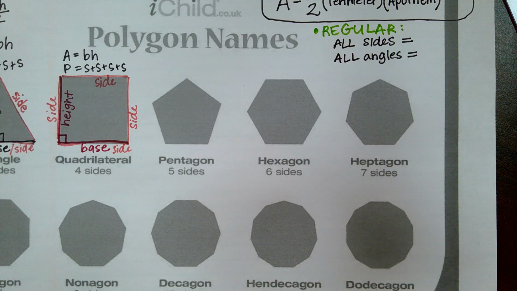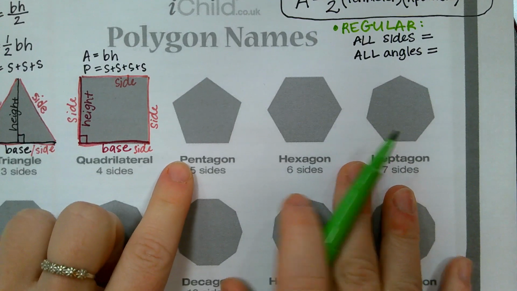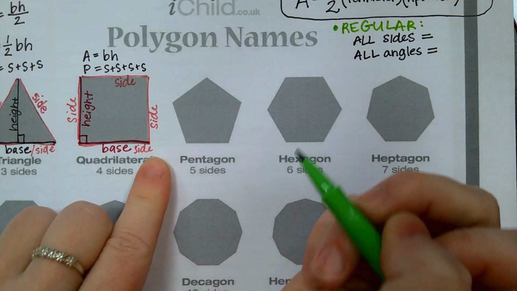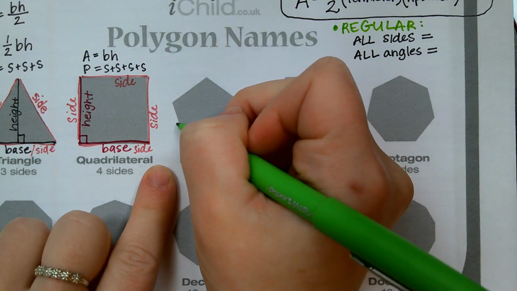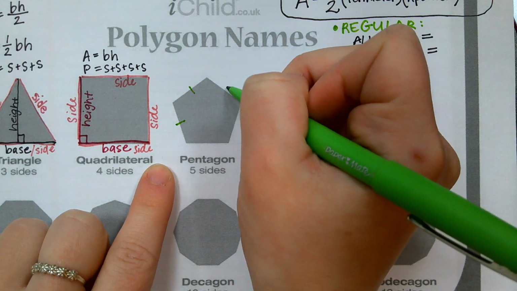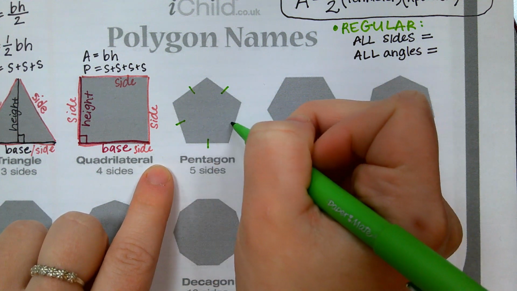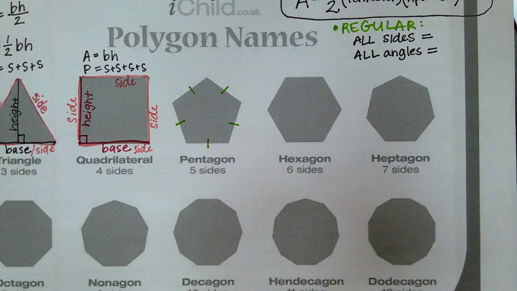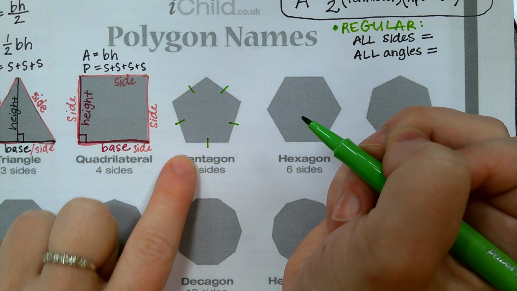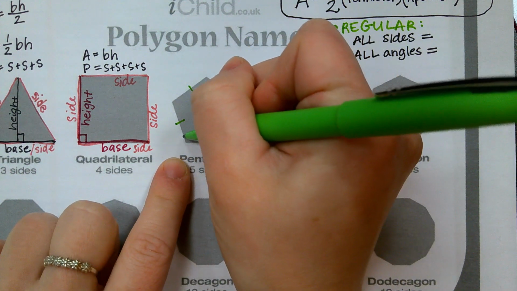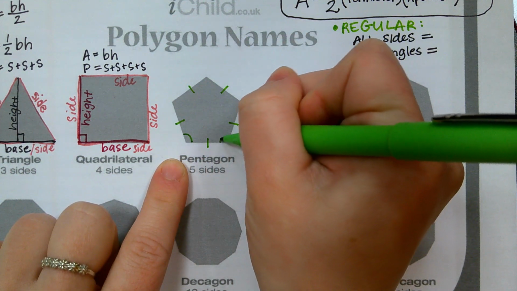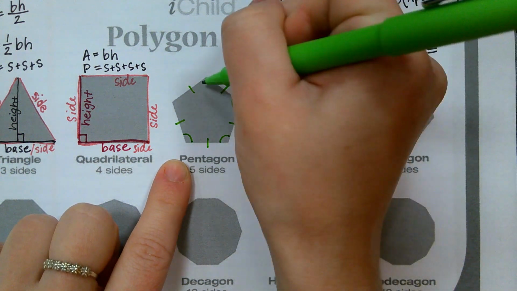Let's start with our pentagon. So to show that all the sides are the same length, we're just gonna put little dashes on all of them like this. And then to show that the angles are the same amount of degrees, we put these arcs on them like this.